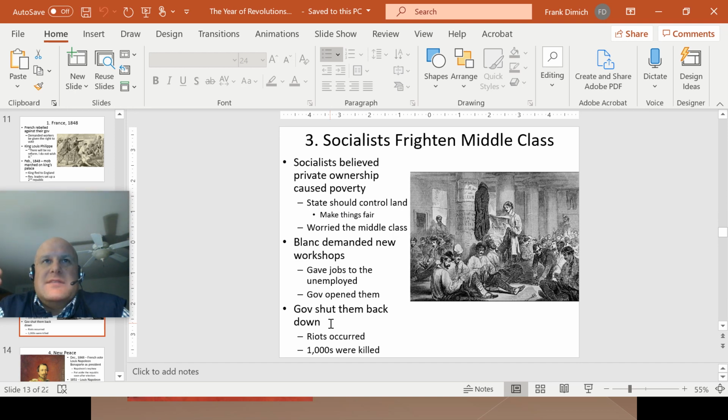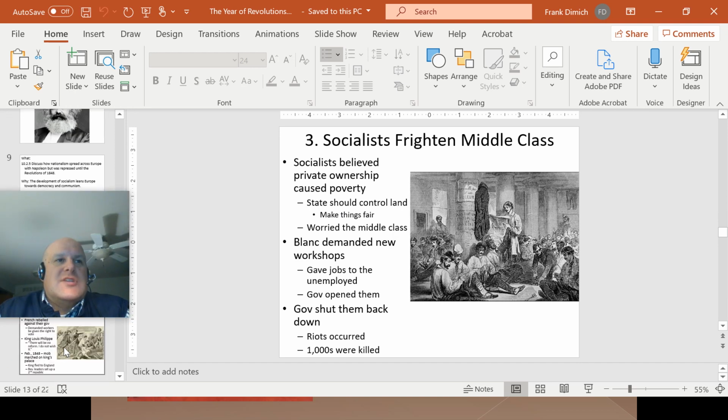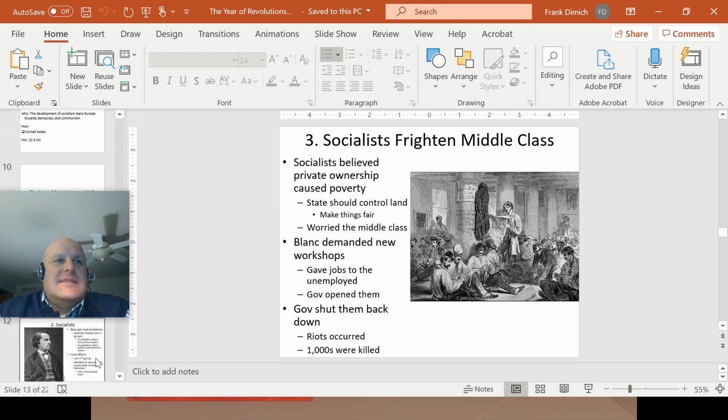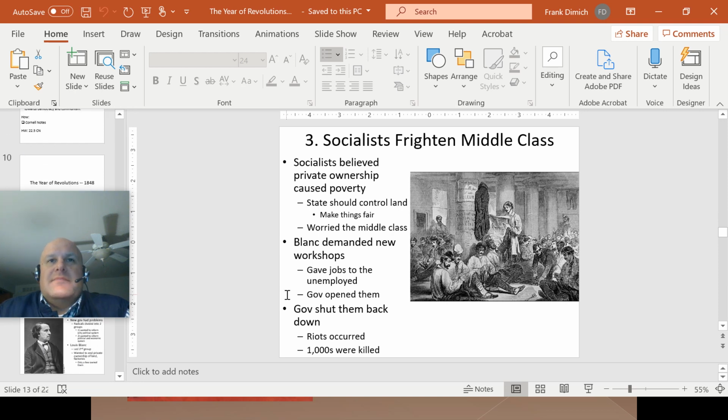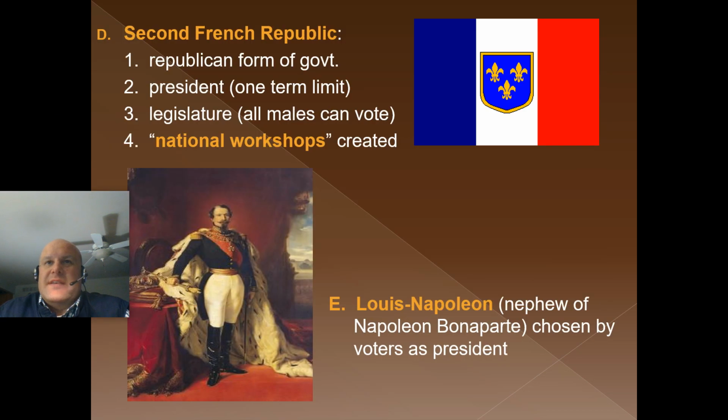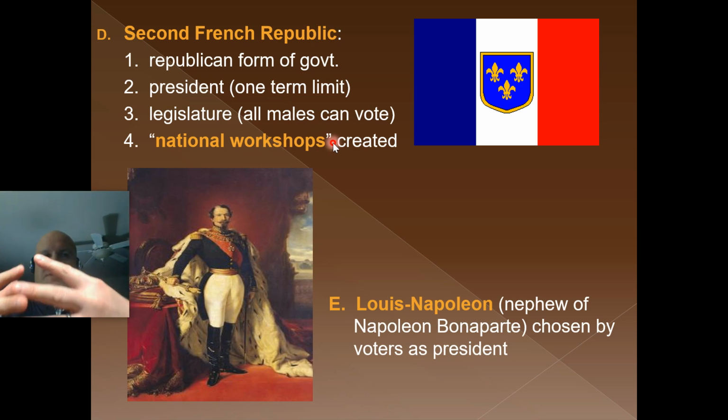Louis Blanc demanded new workshops, and he wanted to give jobs to the unemployed and have the government open them. Well, the government shut them back down, and then that's when these riots occurred. You don't have to get into all this detail, but that's really what the problem was. The socialists were trying to maintain some control, and it didn't really work.